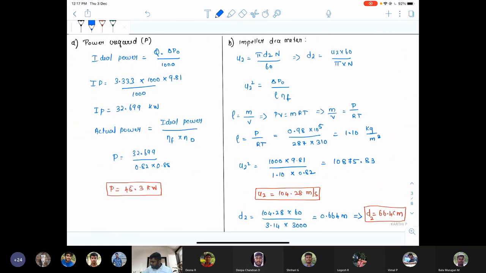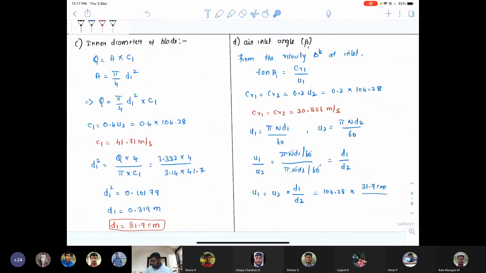We have found it as 66.4 centimeter. On calculation, you will be getting the value of U1 equal to 50.1 meter per second. Okay, you have found out the value of U1.